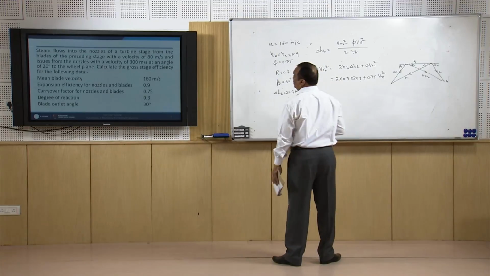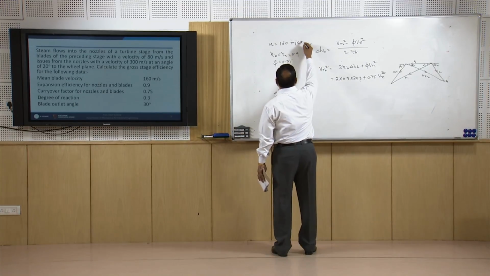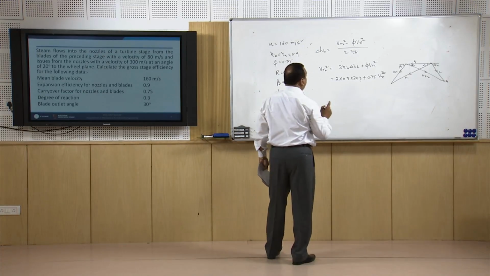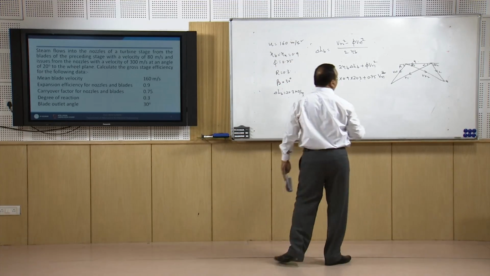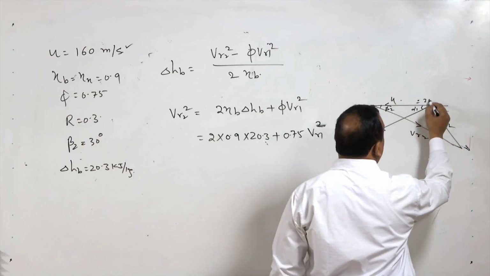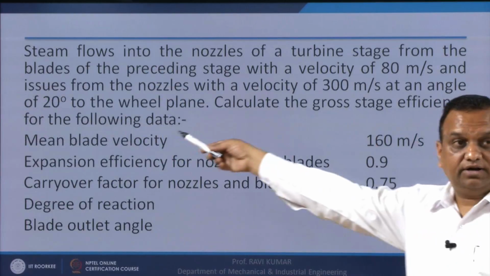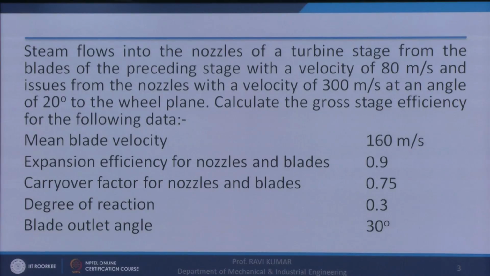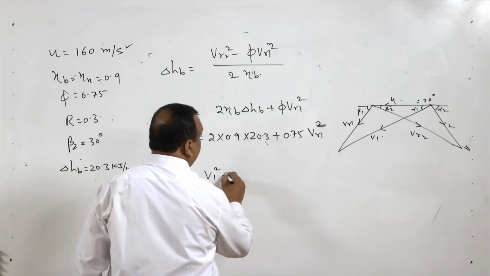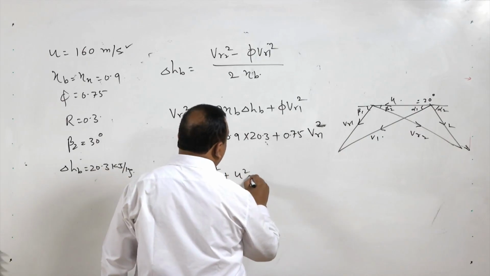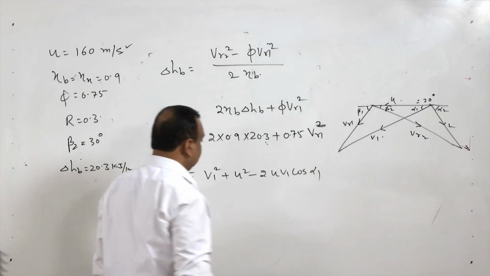We have the value of u, we have the value of V1, and we have the value of alpha 1 also, which is 20 degree. So, we will take VR1 square is equal to V1 square plus u square minus 2u V1 cos alpha 1.